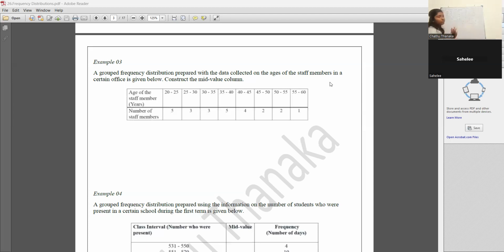Then the fx column also you have to get the sum. For that you write sigma fx.